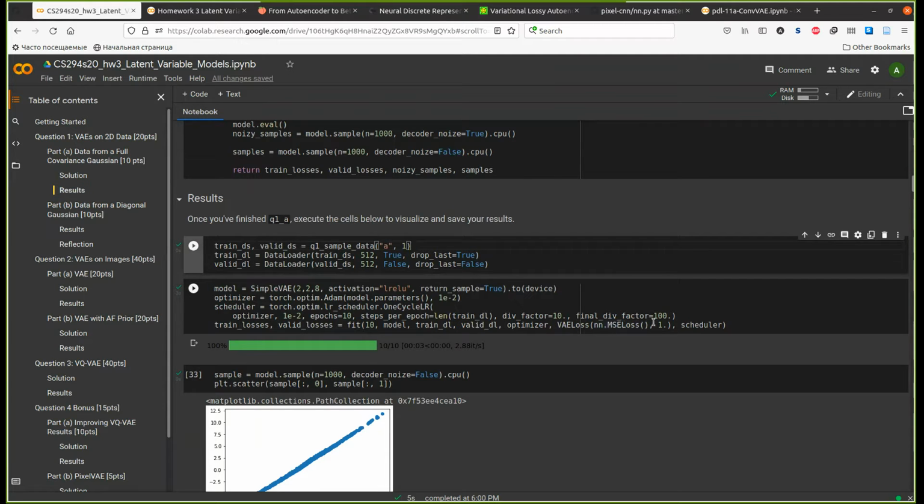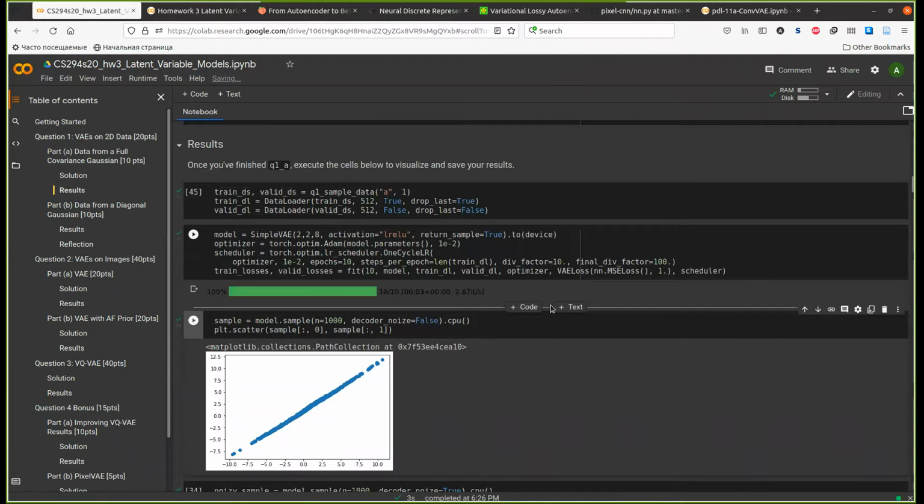The mean squared error is an unbiased estimate of the likelihood for a normally distributed variable with a constant standard deviation. So what will happen if we use mean squared error as our loss here?